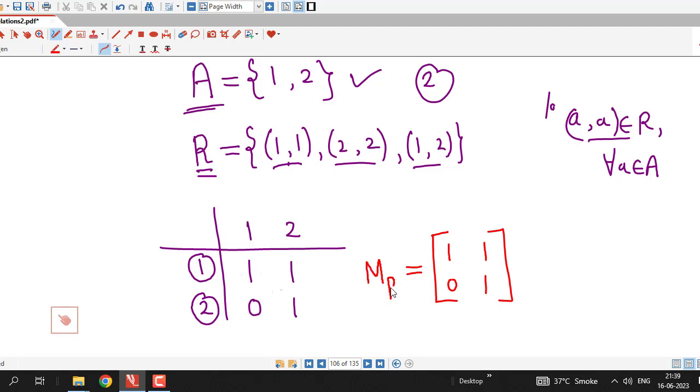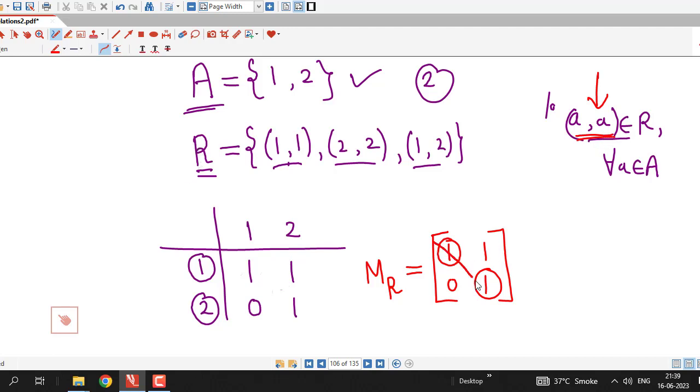Now if you observe, these main diagonal entries are 1, and this is obvious because whenever we have reflexive relation, we will always have this type of diagonal elements present in our relation.